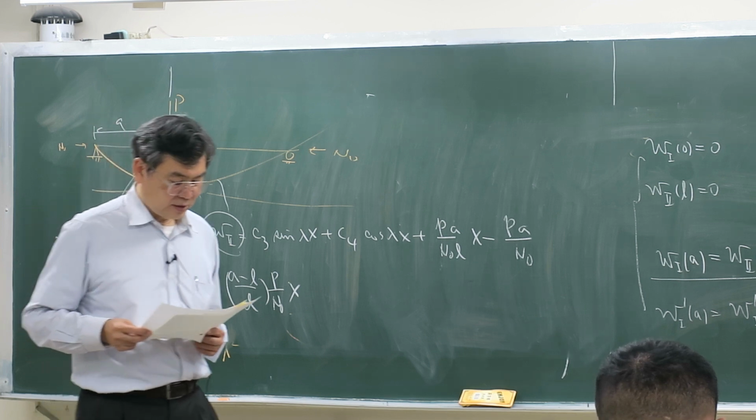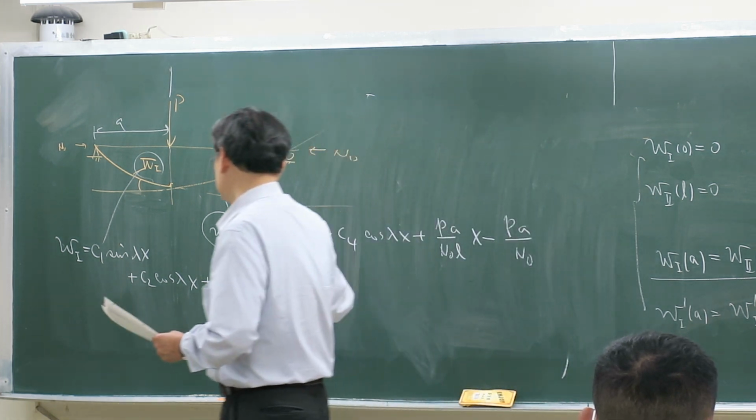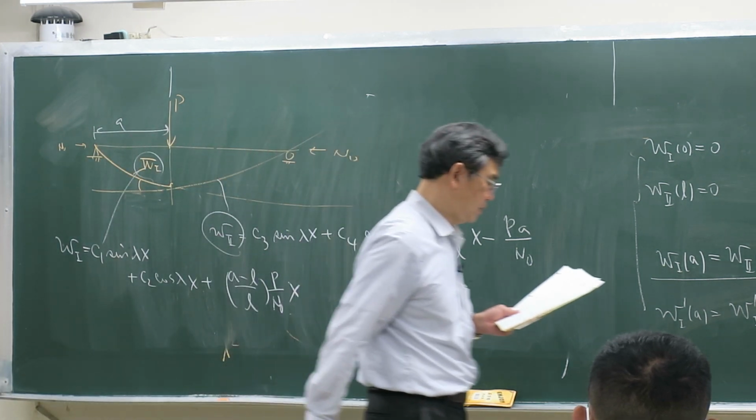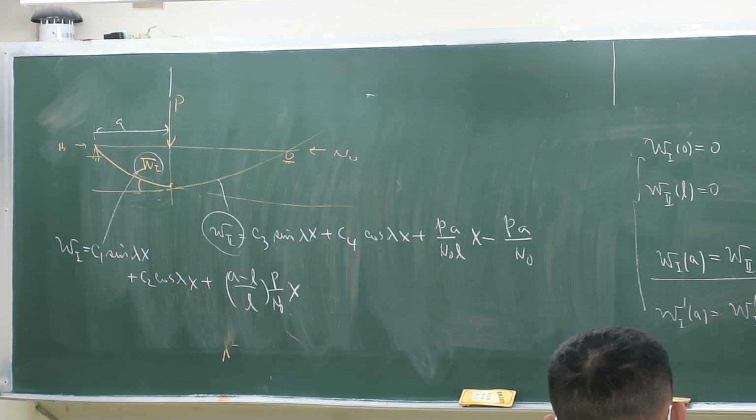Okay? You can get, and that's easy, for W1 at x equal to 0, W1 is 0. So C2 is equal to 0. Okay? So from this, we find C2 equal to 0 and C1 equal to P over N0 times sine lambda (L minus A) divided by lambda sine lambda L. C3, C2 is 0, right?